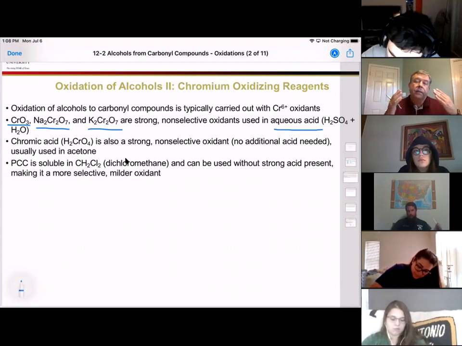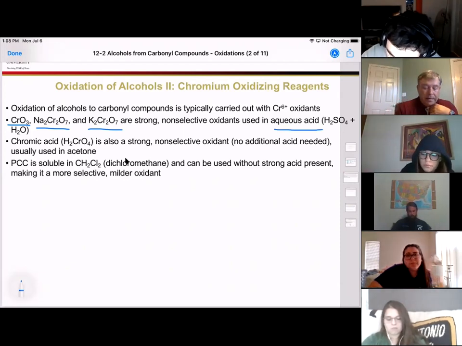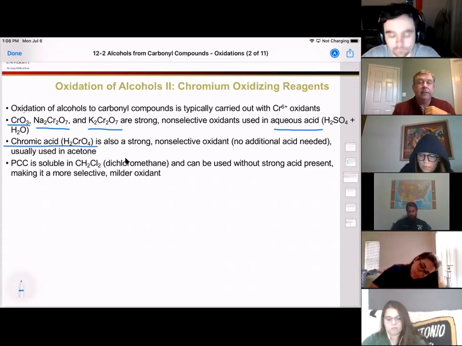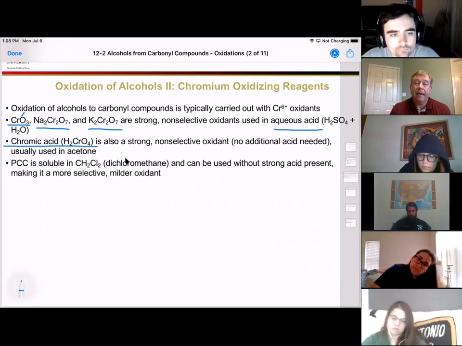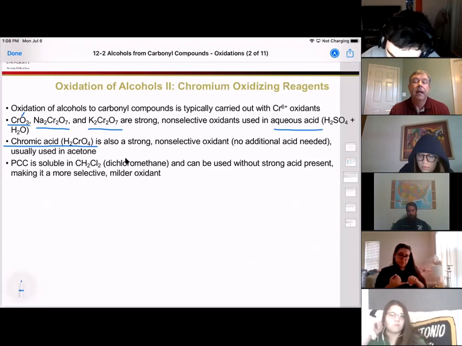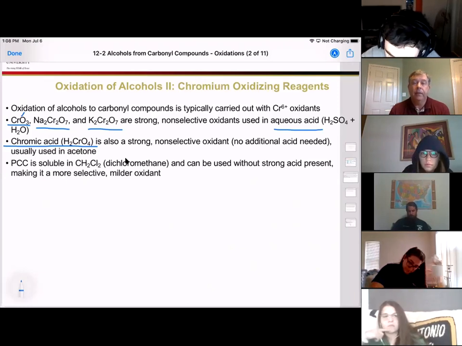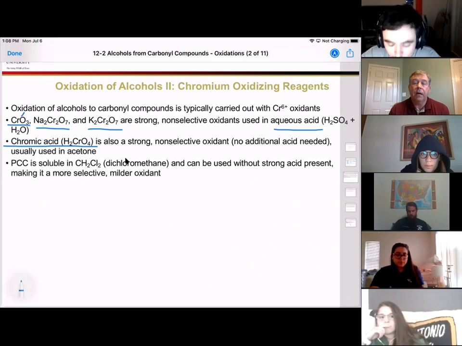So the next chromium-based strong oxidizer is what we call chromic acid, okay? And it's basically, you've taken this chromic oxide and added one equivalent of water to it. When you do this, it can dissolve in certain things like ketones or carboxylic acids, and you can then use it as a strong oxidizing agent, but it's already protonated.